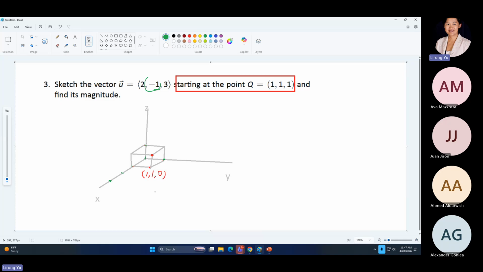So this is equal to 1, right? And I'm going to go up 3. So it's 1, 2, 3, 3 units up. And finally, we're going to use lines parallel to the x-axis. This is parallel to the z-axis. Makes sense.